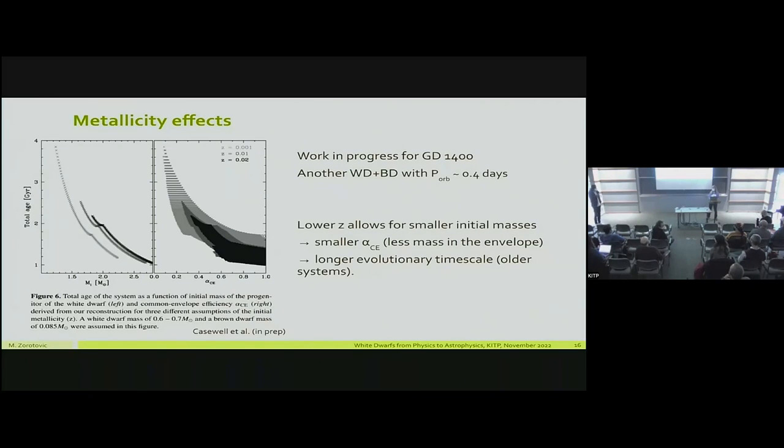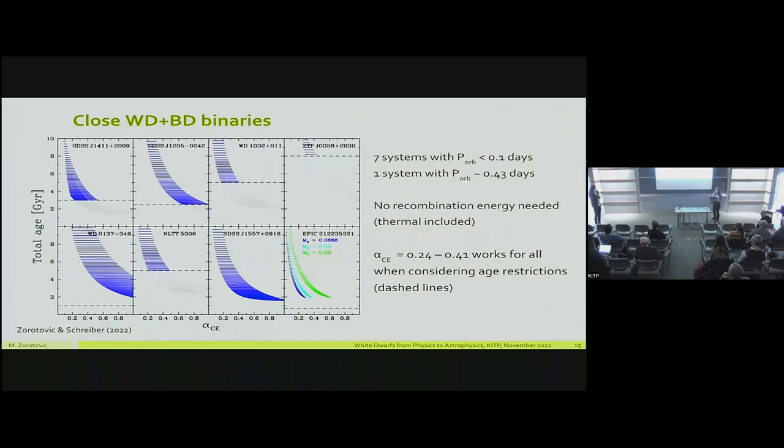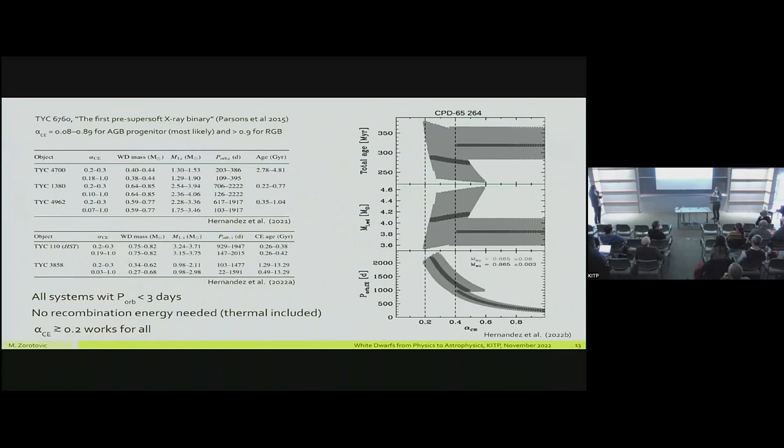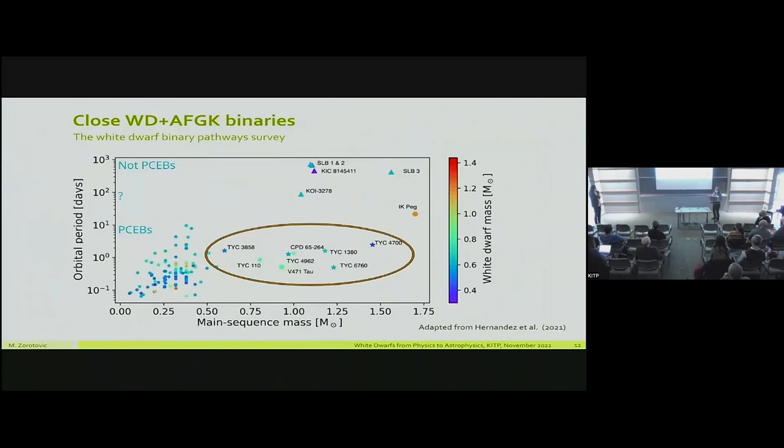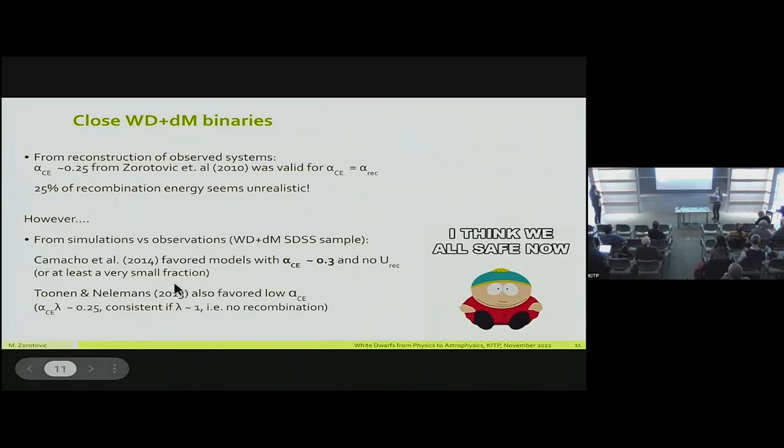Okay, I have one last question. So you reconstructed all the systems, and for the M dwarfs, you also compare. Well, you cited papers that compare the distributions of periods. So for the other samples, wouldn't it be also good to run a population synthesis?